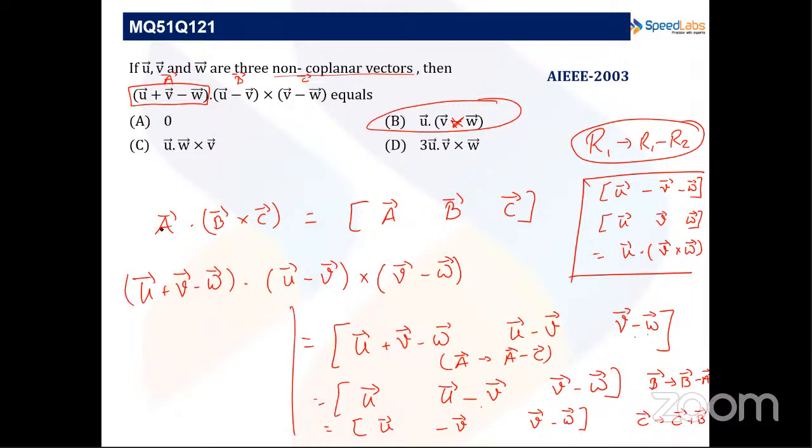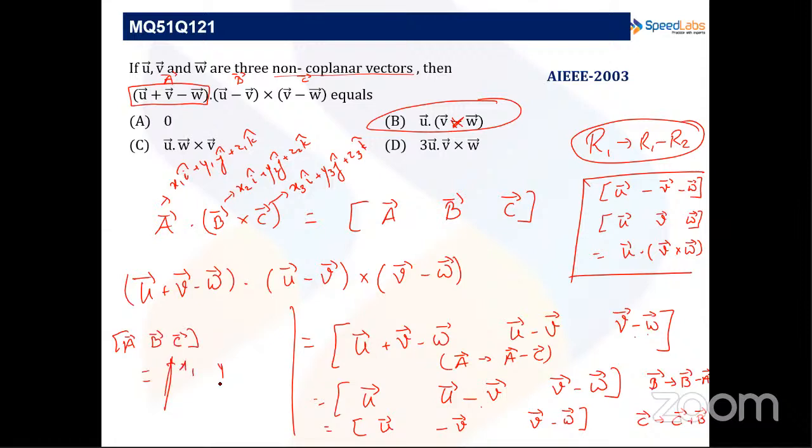Because if vector A is x1 i cap plus y1 j cap plus z1 k cap, vector B is x2 i cap plus y2 j cap plus z2 k cap, and vector C is x3 i cap plus y3 j cap plus z3 k cap, then the scalar triple product of A, B, C equals the determinant with rows x1 y1 z1, x2 y2 z2, x3 y3 z3.